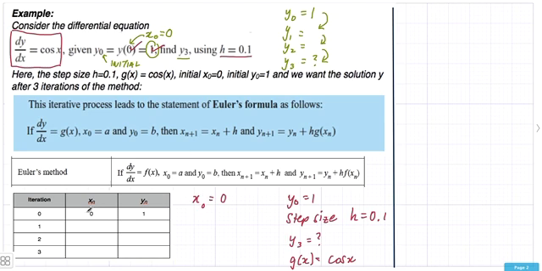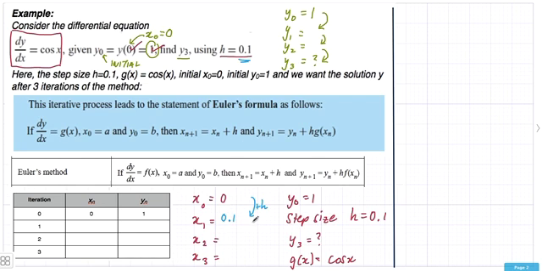And I'm just going to write down, I've got a table here, I'm just going to do it here as well. Because we're trying to find the third y value, we're also going to need to find the third x value, because that's going to help us. Now the cool thing about this is the x values move in a way that's predictable. They always move by adding h on. So we started with 0. If we add h, our next one is going to be 0.1.